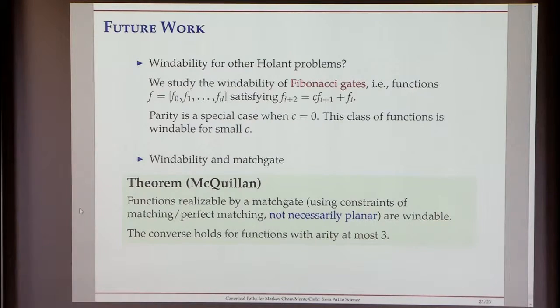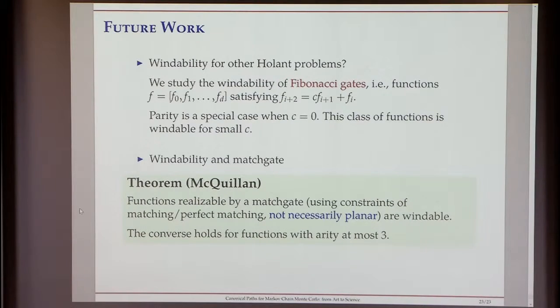And he also showed the converse direction of this theorem for functions with arity at most 3. Which means for all the functions with arity at most 3, it is windable if and only if it can be realized by this kind of match gate.